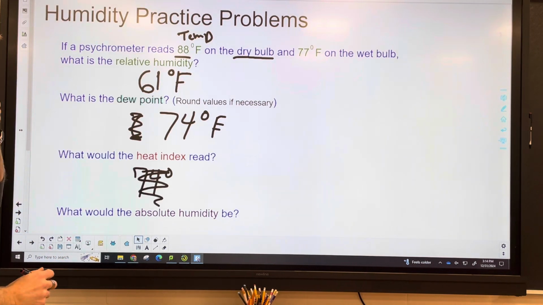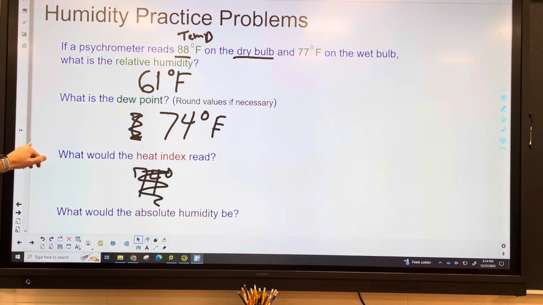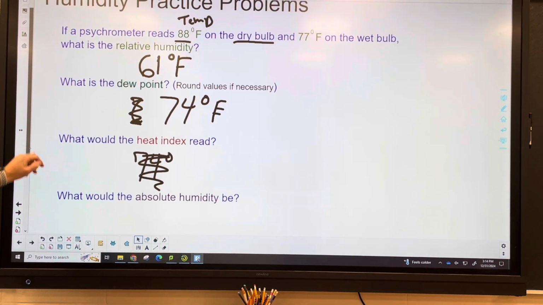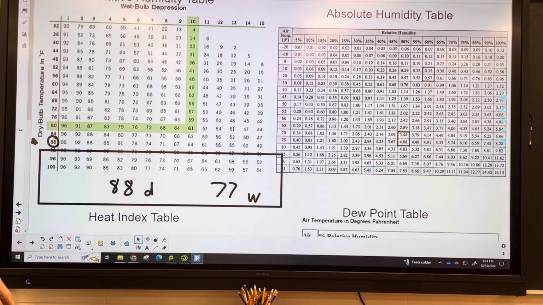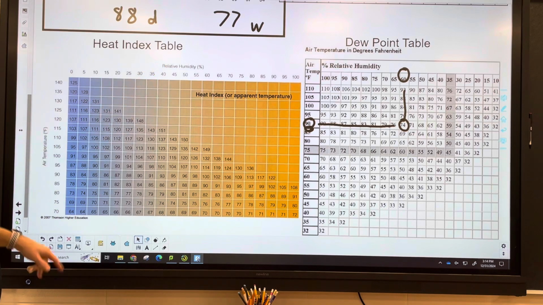Full saturation. All right, if this is what I'm getting from this heat index, what would it actually feel like? So once again, let's figure out what numbers we need for heat index. I need relative humidity and air temperature again.